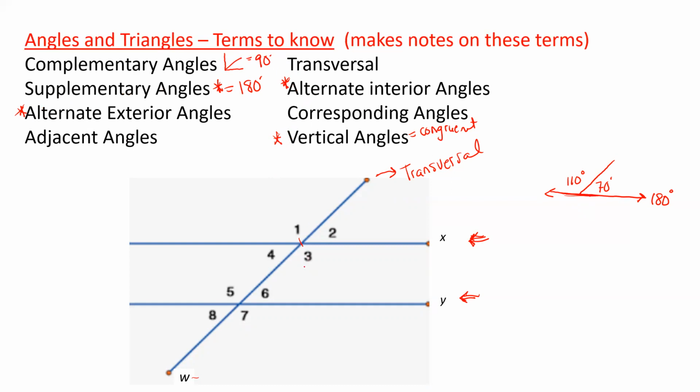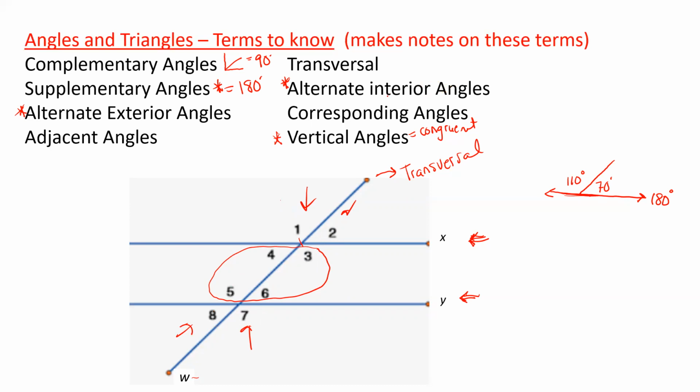So you have these 4 angles that are inside the two parallel lines, right? And then you have 4 that are outside the two parallel lines.